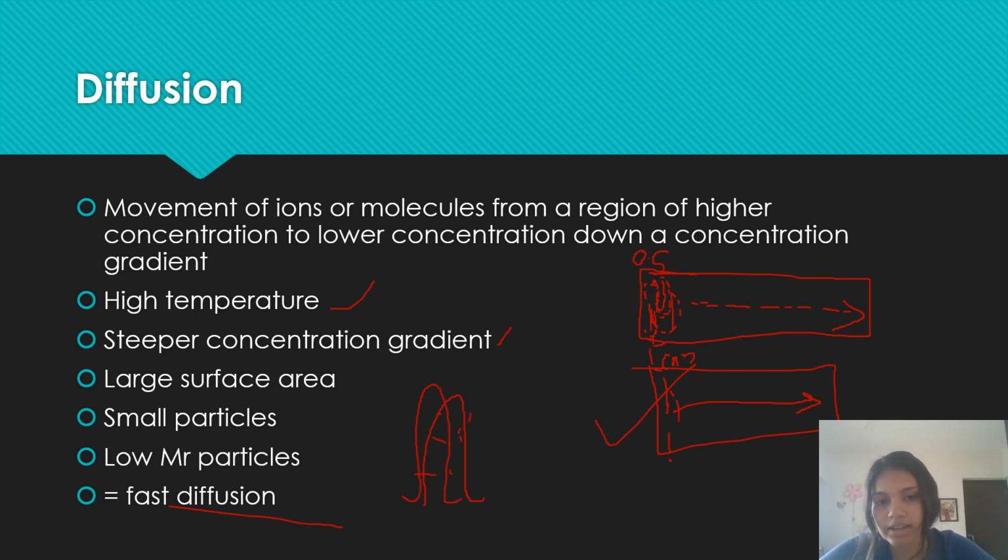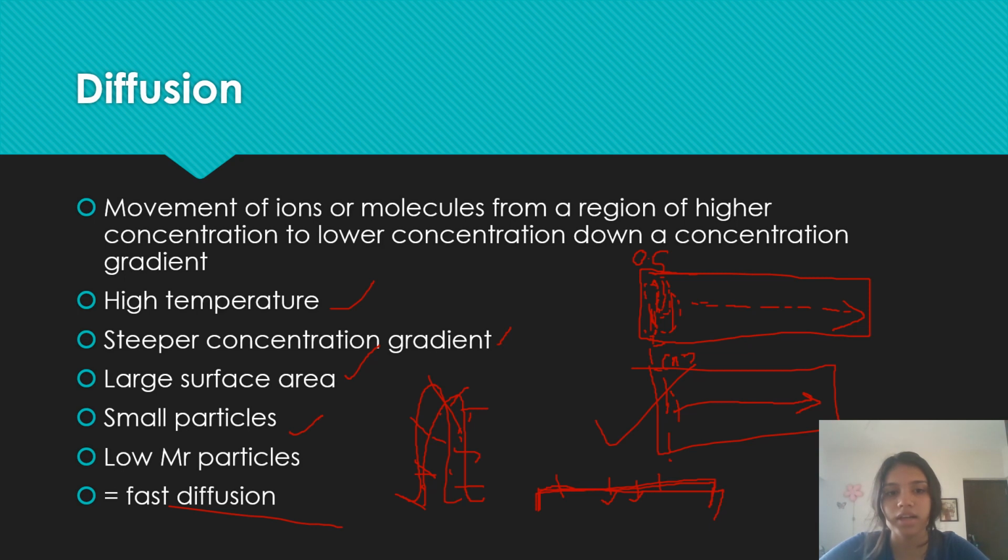If you just had this kind of surface of the small intestine, then the particles of nutrients would move into the small intestine from these set locations. But when you have these little extensions, they can move from any angle into the small intestine. Basically, when the surface area is increased, there's more space, more area for the particles to move down a concentration gradient. So basically, large surface area increases the rate of diffusion.